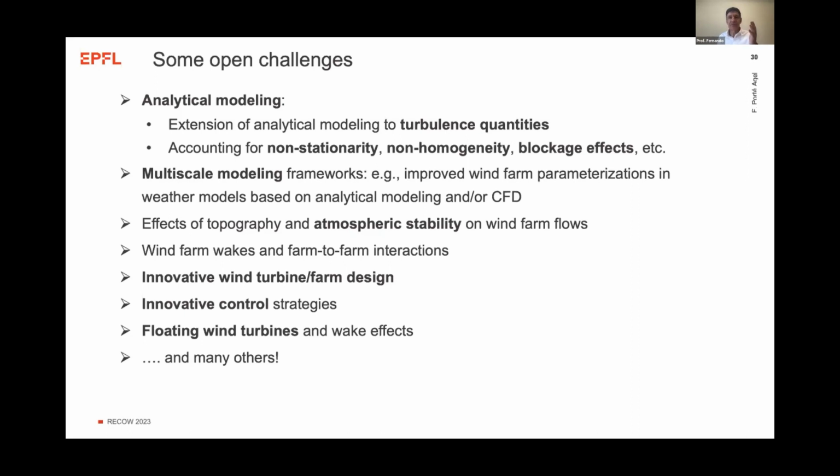Interestingly, this motion is very similar to what we call dynamic control, dynamic yawing for example, or dynamic downregulation. What it means is it is introducing an unsteady oscillation in the wakes, which interestingly can be very beneficial for wake effects.